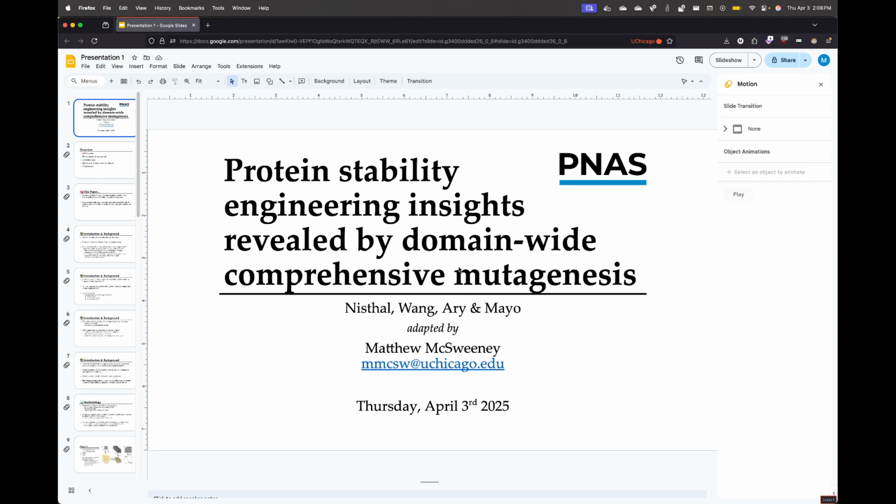One thing I will say is that not all of the changes in the core are the same. There are different degrees of destabilization that happen there. And they make a big point of discussing this in the paper, this core residue sensitivity.